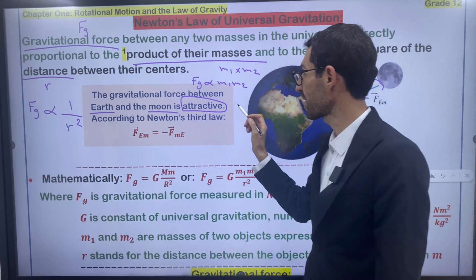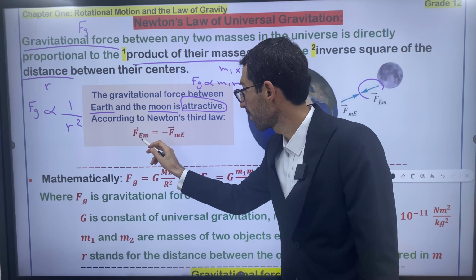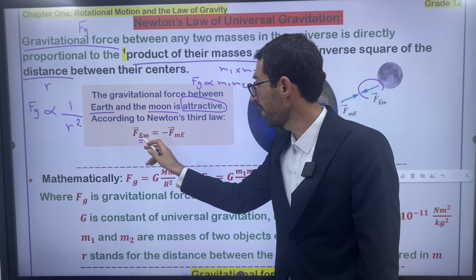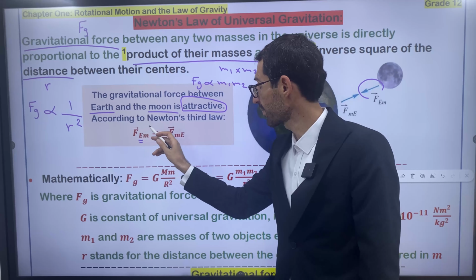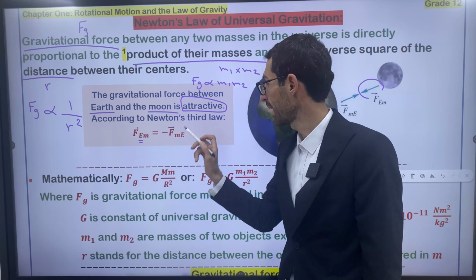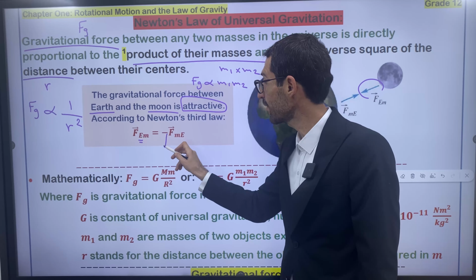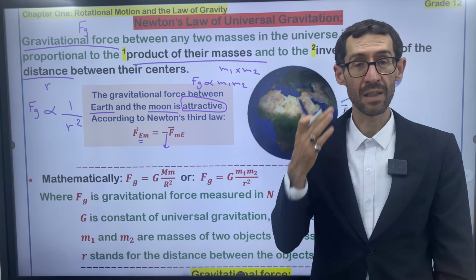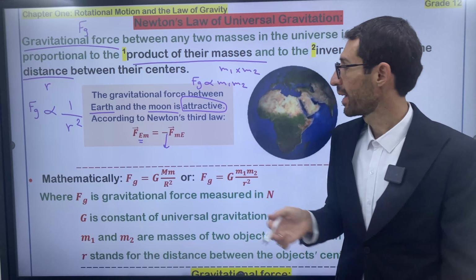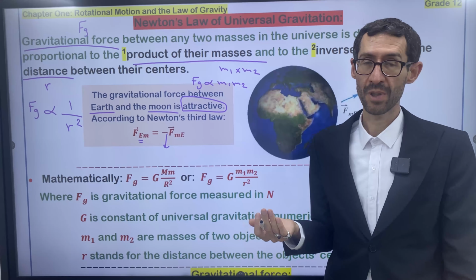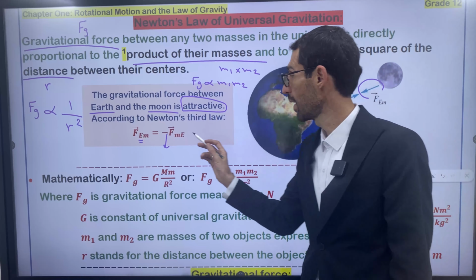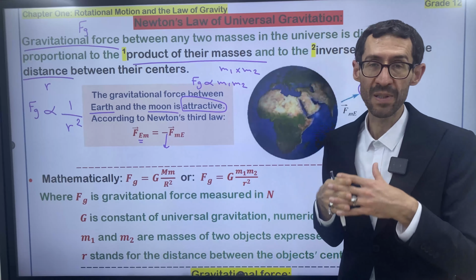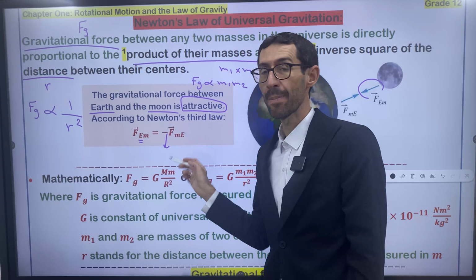According to Newton's third law, FEM, name this force for me. FEM means the force of Earth on Moon, or the force exerted on the Moon by Earth, is equal to negative FME. This negative means direction. Negative in physics is different from negative in mathematics. Negative in physics means direction. So this one's positive, this one negative, means the forces are opposite in direction but equal in magnitude.